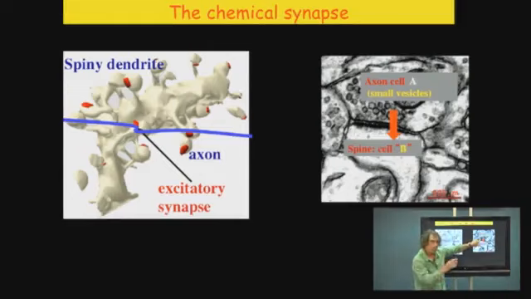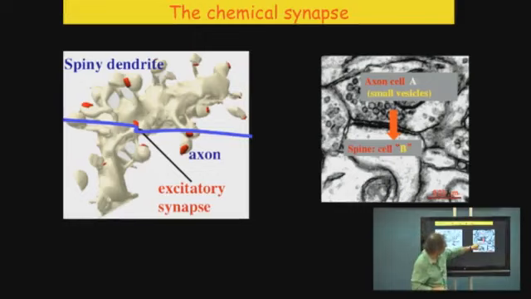So here you may have 5,000 molecules of neurotransmitter, let's say glutamate, or acetylcholine, or serotonin. So this is the presynaptic part of the synapse, the axon, and inside this bouton, this varicosity, you have the vesicles consisting of neurotransmitter.